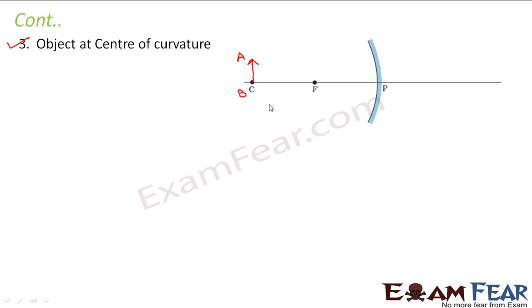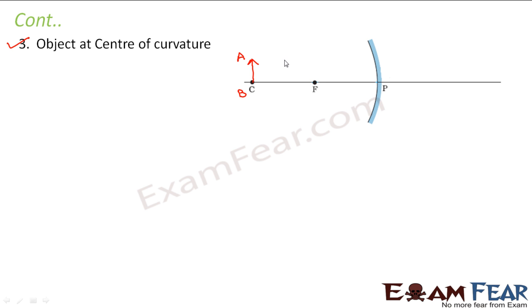You can consider that the ray of light from this is passing through the principal focus and after reflection goes parallel to the principal axis. You can assume that it falls obliquely and then goes back. Out of those four rules, you can consider any two or any three, and you will see that all the reflected rays will meet at a point, and at that point the image will be formed.